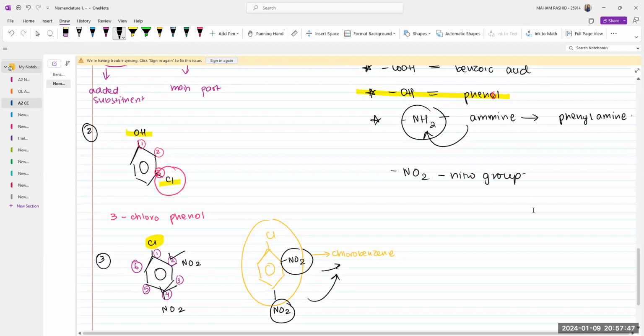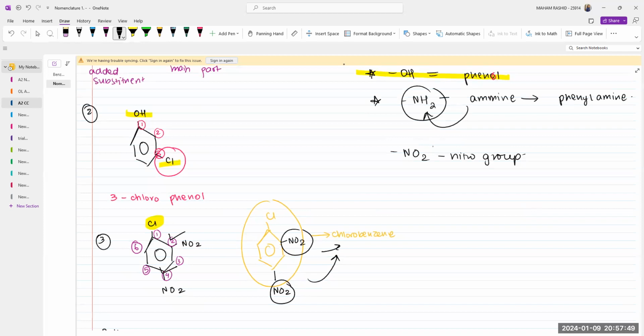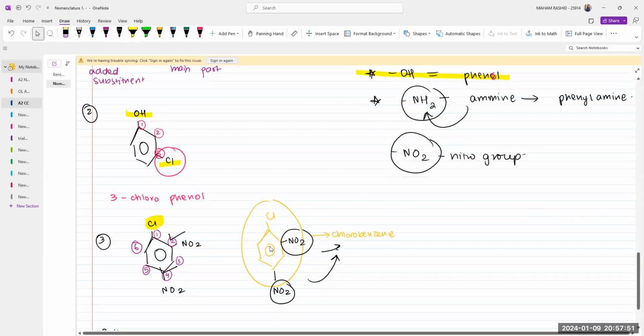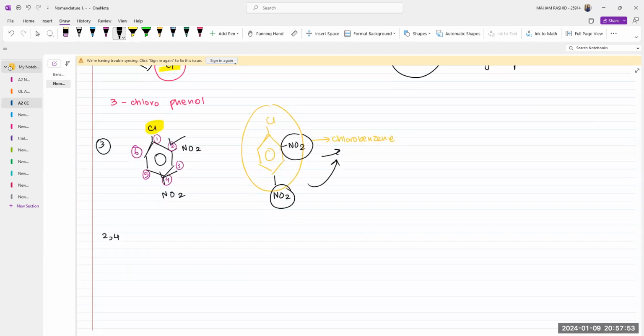Right now we're talking about the nitro group. So we'll be naming this as 2, 4, since the nitro groups are on the second and fourth position. 2, 4, nitro, what? Give the name? Chlorobenzene.